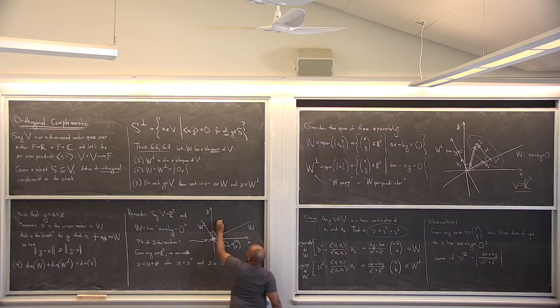Right? So again, in terms of a picture, if this is my V, I can move over so far here for U, and then I move up so far here for Z.